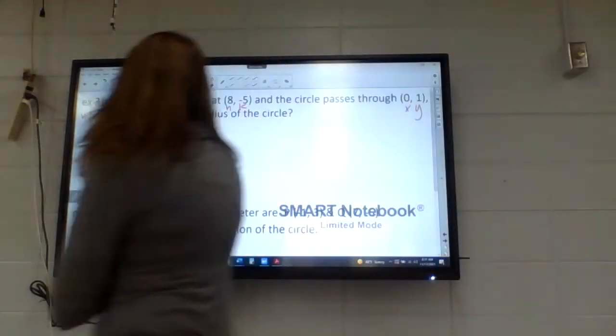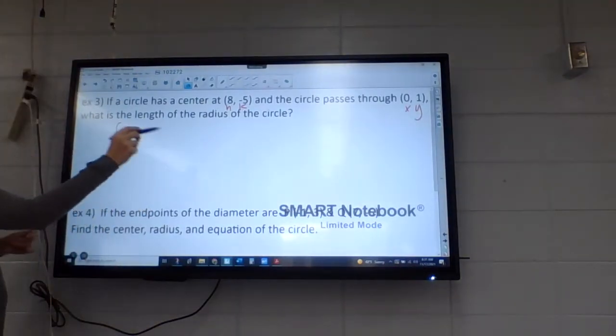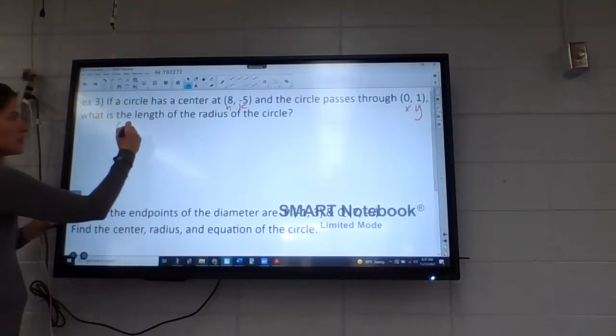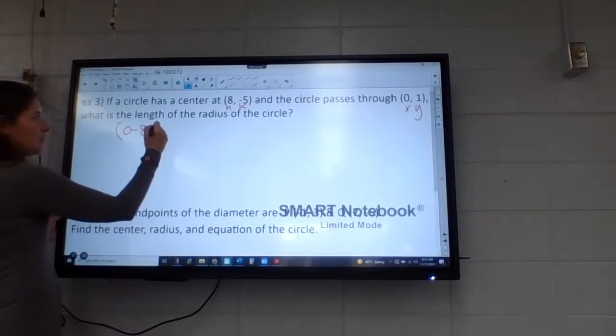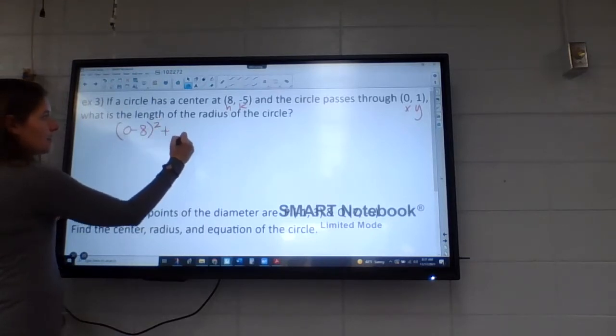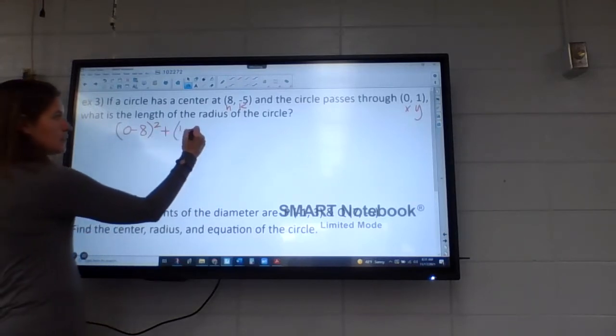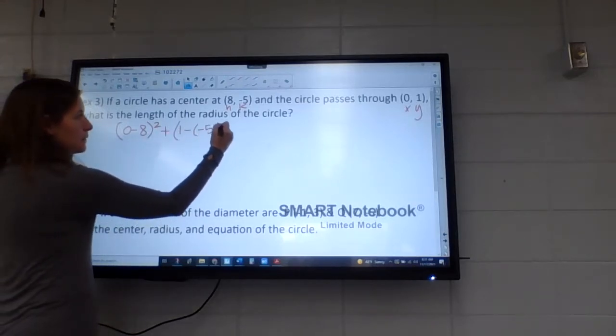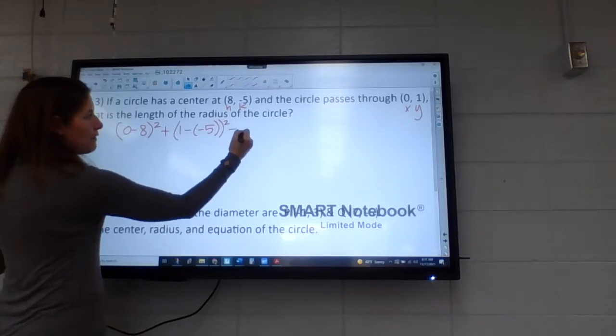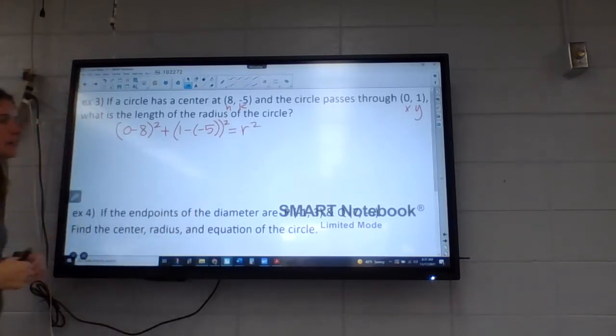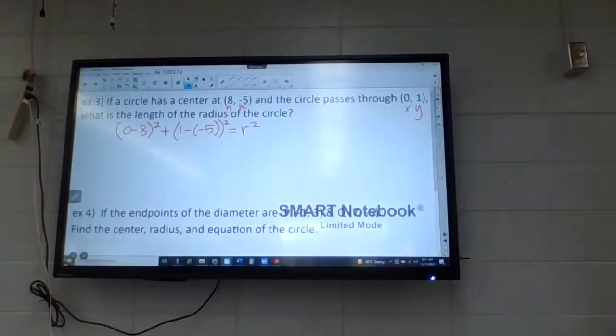So our formula says that we subtract the H from the X, and then we add that to the Y minus K, and that should equal R squared. Does this formula look familiar to you at all? You've seen a formula like this before.